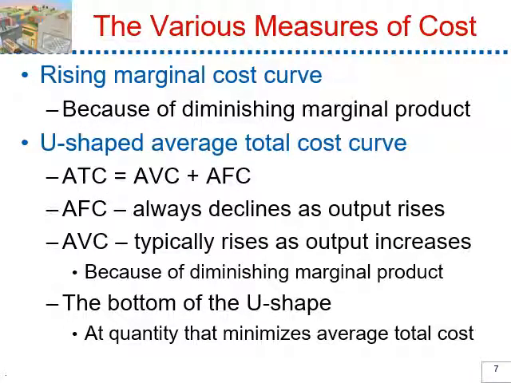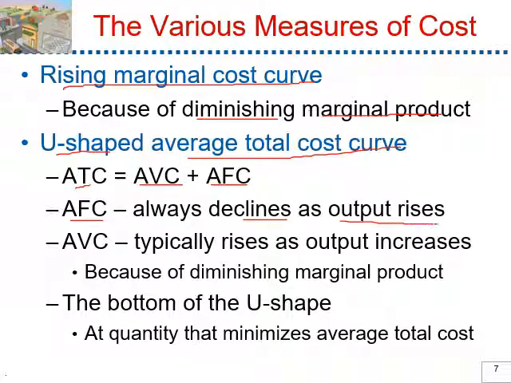One conclusion is that rising marginal cost is due to diminishing marginal product. Another conclusion is the U shape of the average total cost. The average total cost is equal to average variable cost plus average fixed cost. The U shape is due to average fixed cost always declining as output rises.